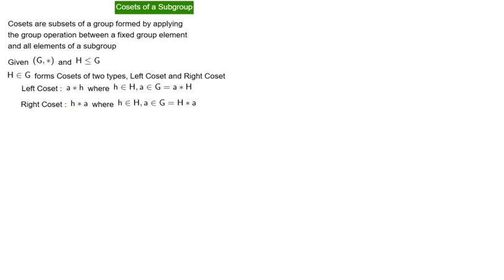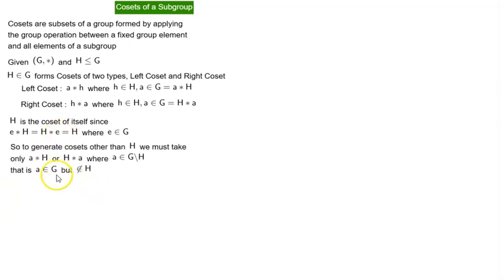Okay. Now here, H is a coset of itself, since e times H, e being the identity element, when we multiply it with each element of the subgroup, the element of the subgroup does not change.